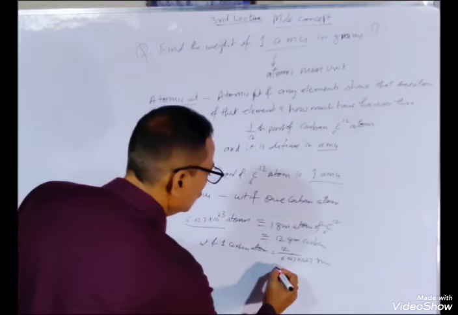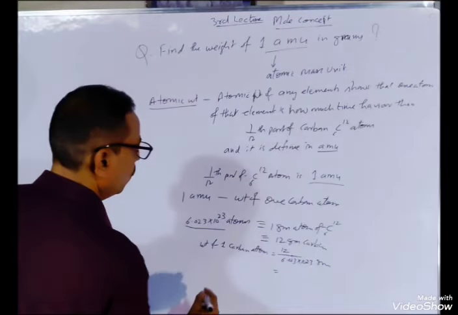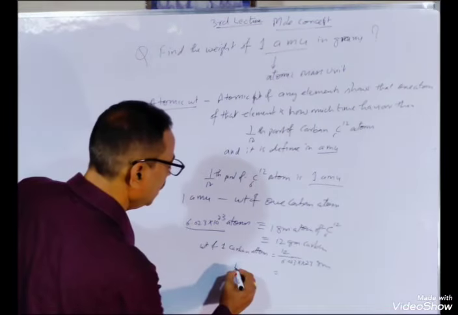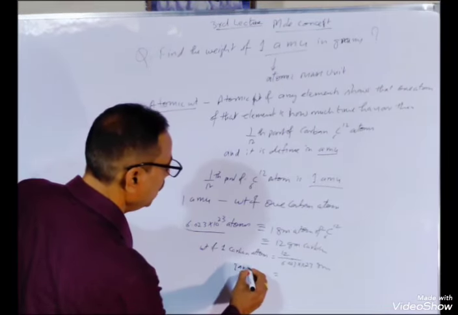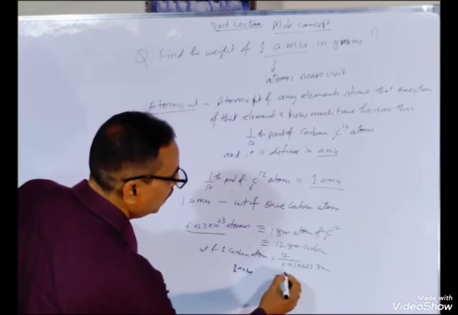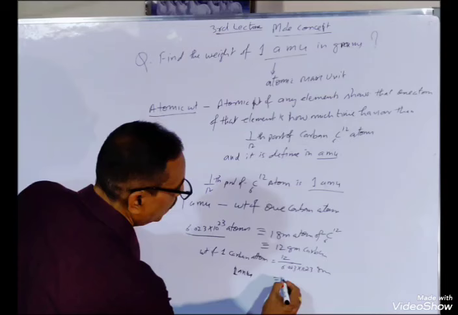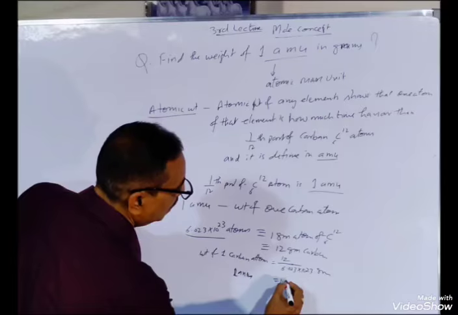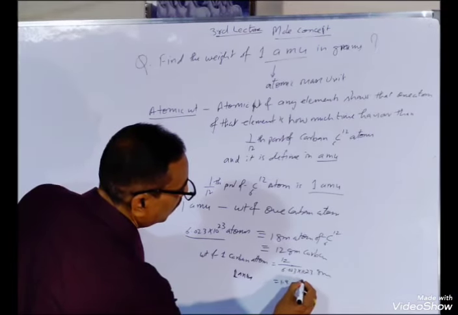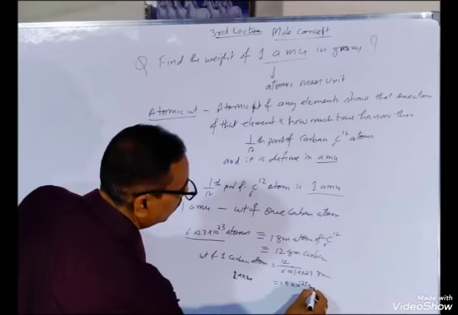So the weight of 1 carbon atom, that is 1 AMU, is 12 divided by this, which comes to 1.9 something into 10 power minus 23 gram.